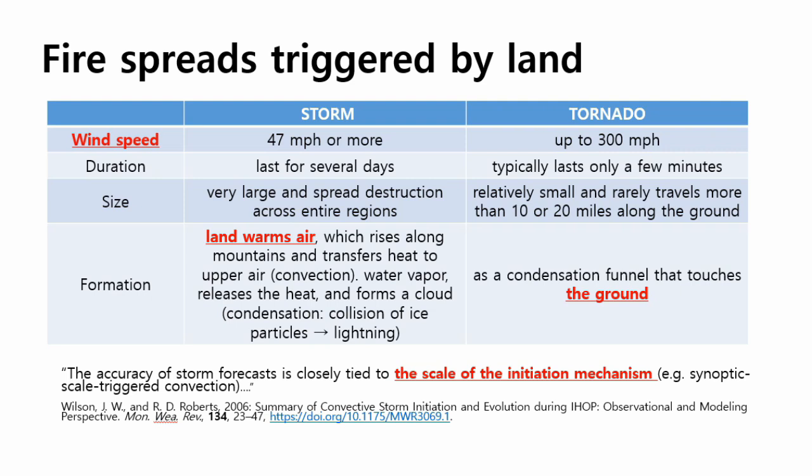Some studies said that the accuracy of a storm forecast really depends on the scale of the initiation mechanisms. This study suggested a synoptic scale. So this study really suggests that prediction accuracy varies depending on the spatial scale, depending on which scale you observe the same process.